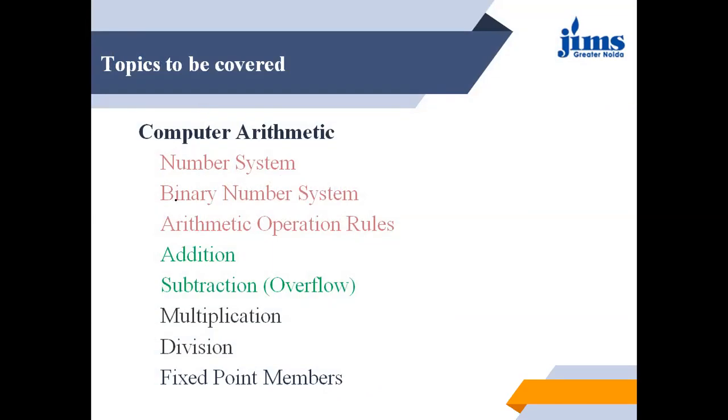After completing the binary number system, we discussed the basic rules of arithmetic operations, that is plus, minus, and in the last lecture, we discussed the addition and subtraction rules.